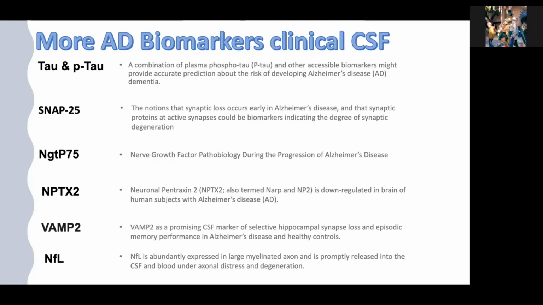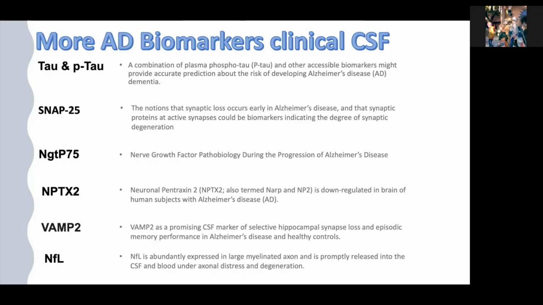SNAP-25, as we introduced earlier, is based on the notion that synapse loss occurs early in Alzheimer's disease, and that synaptic protein at active synapses could be a biomarker indicating the degree of synapse degeneration. And NGFR p75, I went through the literature trying to find out what this is, and mainly it says it is a growth factor during the progression of Alzheimer's disease.